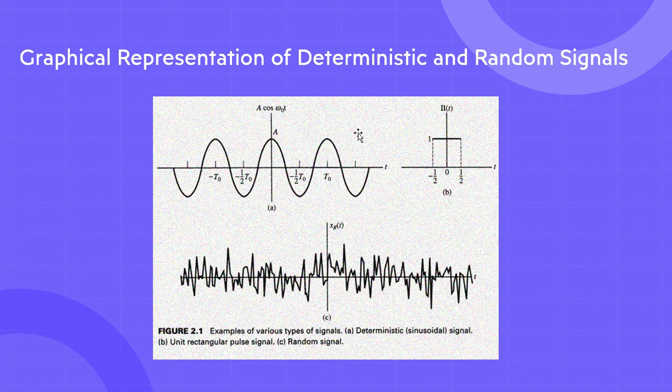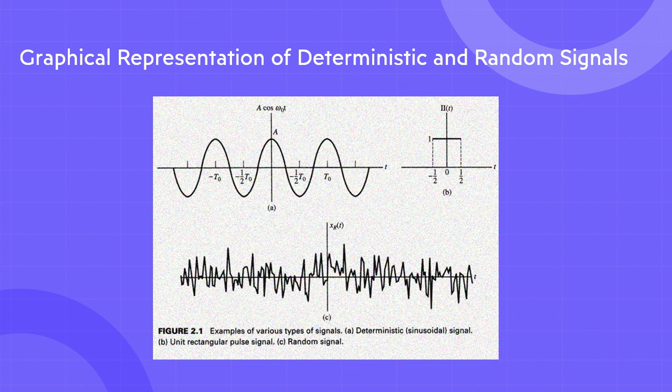Again, in image B, the second one, it is a rectangular pulse. Okay, and what value is it having? It is having one value, which means it is a unit rectangular pulse. So this unit rectangular pulse can also be represented with the help of a mathematical formula, right? We can mathematically give a formula of that, which means this signal is also a deterministic signal.